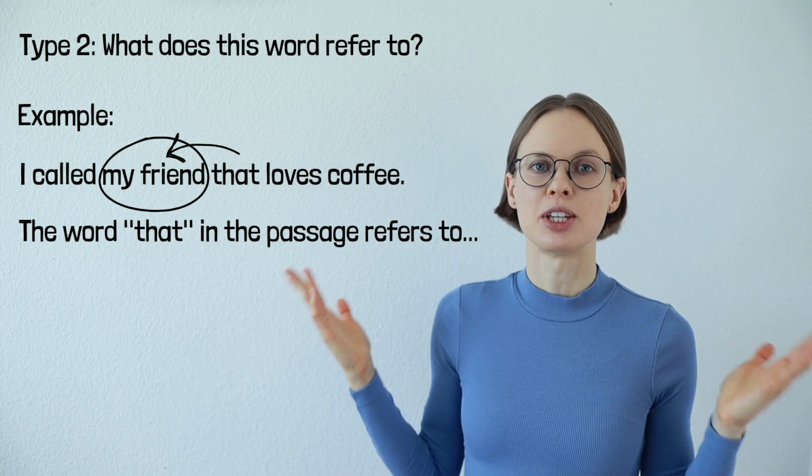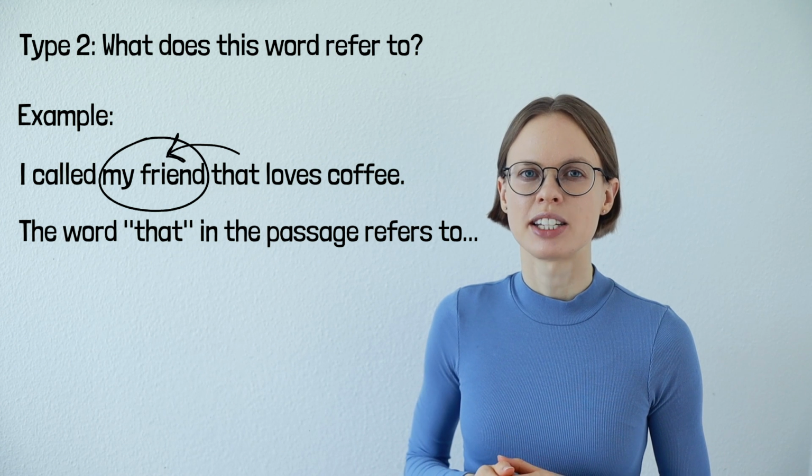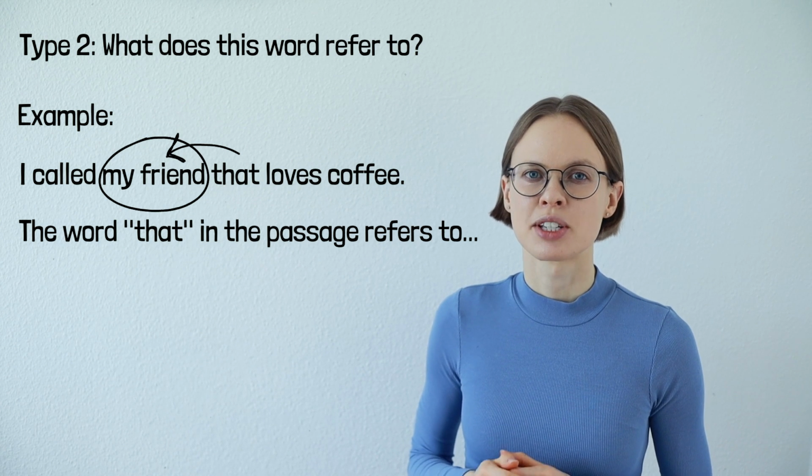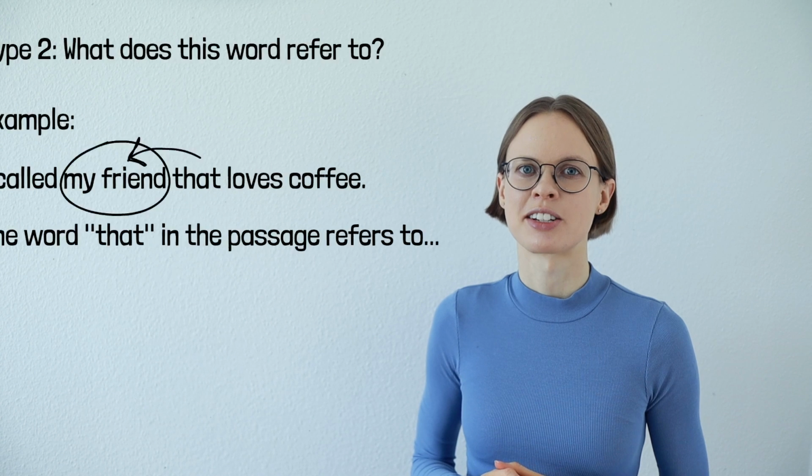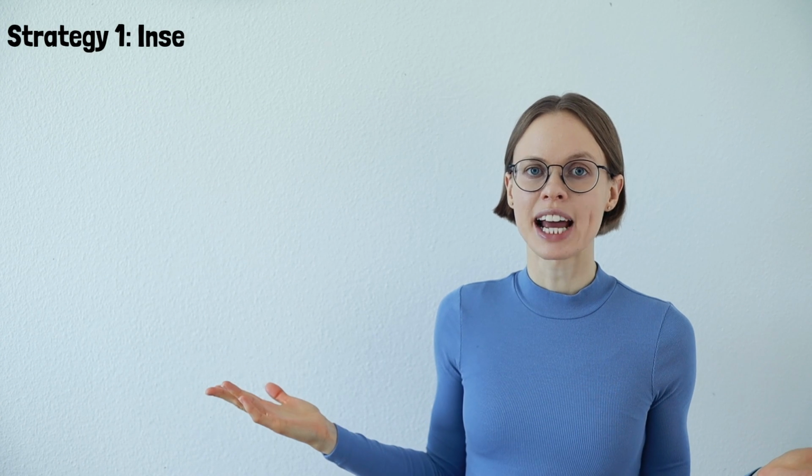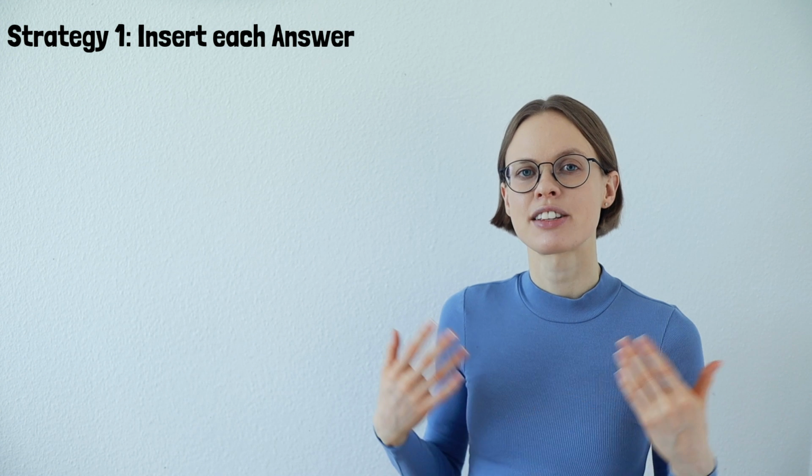Now you know the 2 question types that you can get when you have to solve a vocabulary question. But what's the strategy that you can use to solve these questions? So let's first have a look at question type number 1. This is the question that asks you about the meaning of a word.